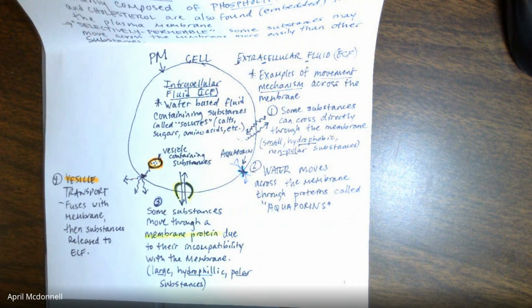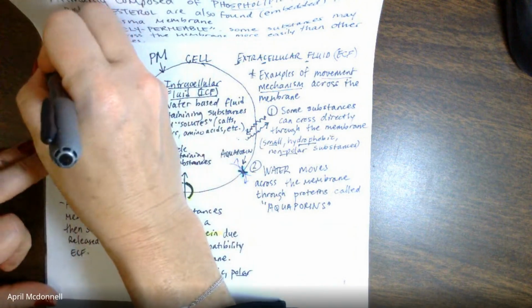The last mechanism that I would like to talk about is a little bit more complicated, and it includes something called a receptor. Let's please go ahead and mention this and draw a picture next to it.